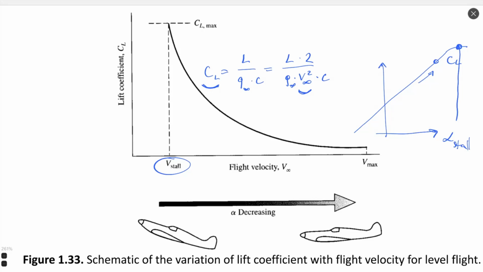Okay, and vice versa. If we have 0 angle of attack somewhere here, we have minimal value of lift coefficient, and we have maximum value of flight velocity. So maximum value of flight velocity corresponds to close to 0 or 0 value of the angle of attack.